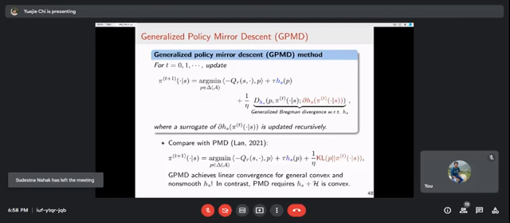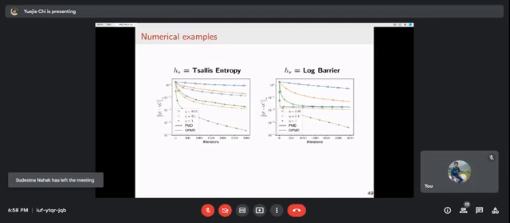This algorithm has a similar linear rate of convergence as the entropy regularized method. We show through numerical examples that for some other regularization functions, this generalized PMD algorithm achieves faster convergence than the previous algorithm developed in the literature.